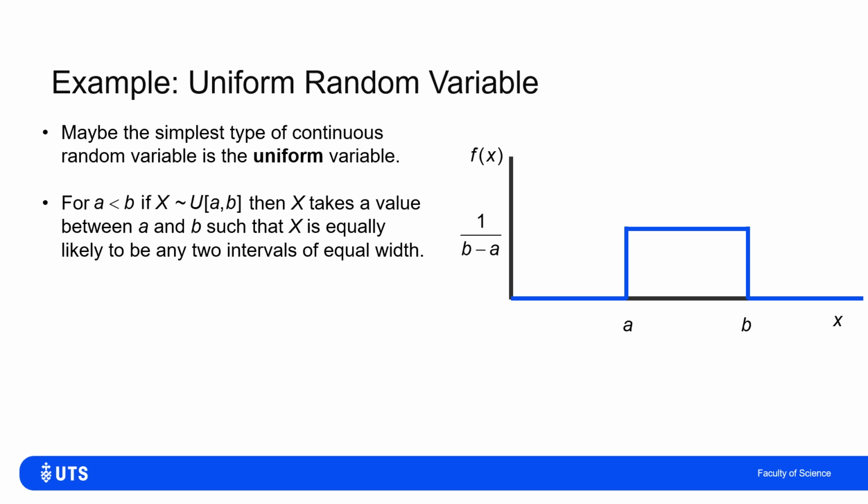I hope we can all work out the area of a rectangle to be the base times the height, so b minus a has to be multiplied by 1 over b minus a to give area 1. So that is the density function of a uniform variable between a and b.